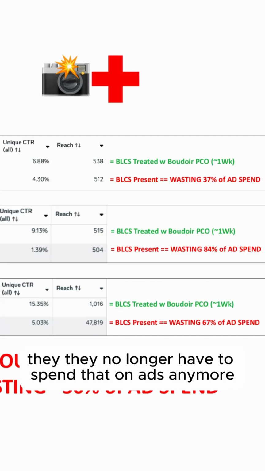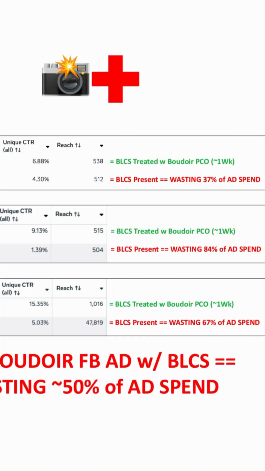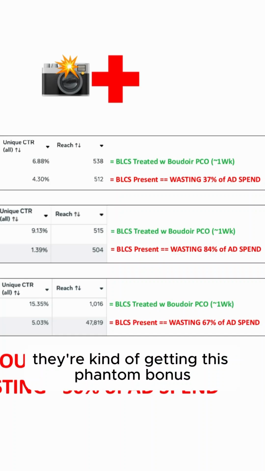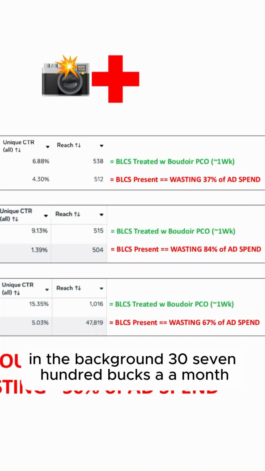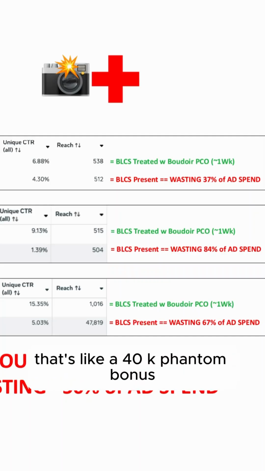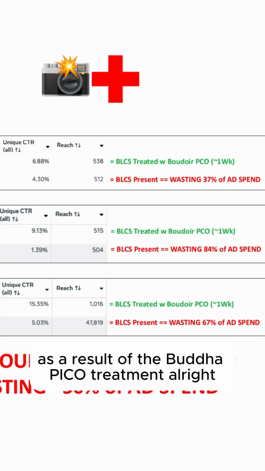They no longer have to spend that on ads, and as long as they keep advertising, they're getting this phantom bonus in the background, $3,700 every single month. At the end of the year, that's like a 40K phantom bonus that stayed in their pocket as a result of the Boudoir Pico treatment.